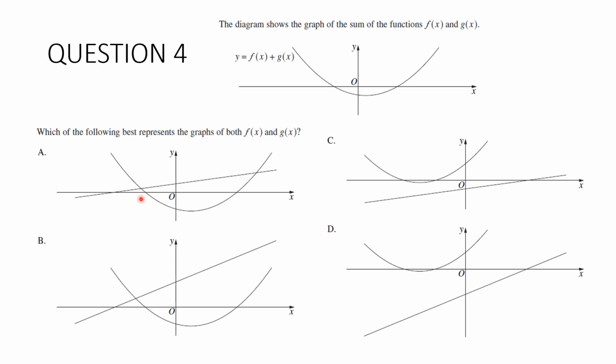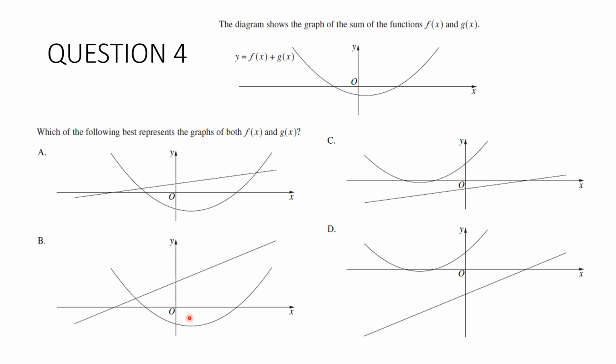So let's have a look at these significant points. So this one here, where I'm adding these two values, I should get something up around here, and that's possible. Adding these two, it should be negative, which is correct. Adding these two here, I get a positive, which is possible, and there as well. So A is a possibility.